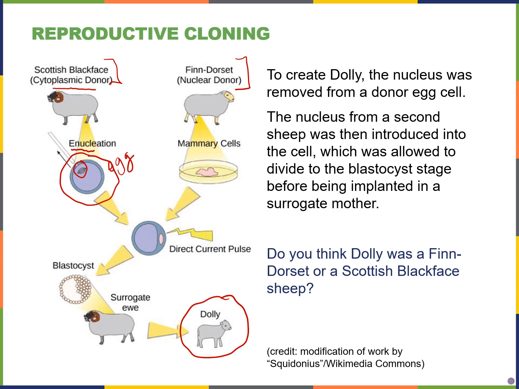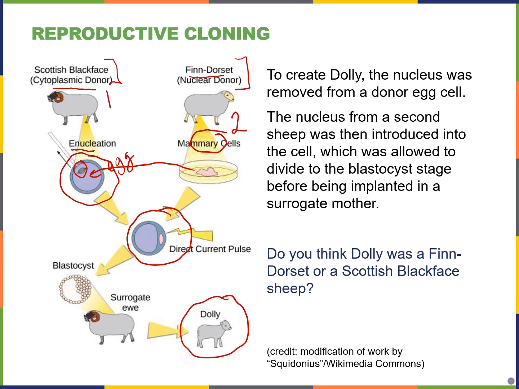Then they went to a second type of sheep, known as the Finn Dorset sheep. From this one, you take their mammary cells, and they took out the nucleus from these mammary cells and transplanted that nucleus into the enucleated egg. So now you have the egg from sheep number 1 with the nucleus from sheep number 2.